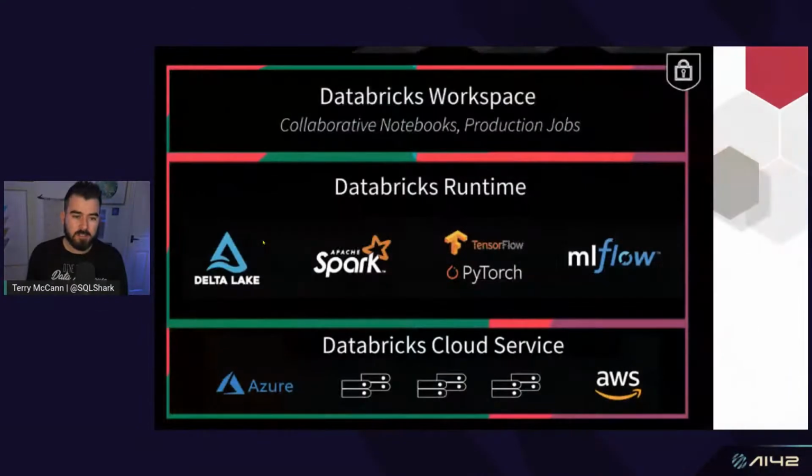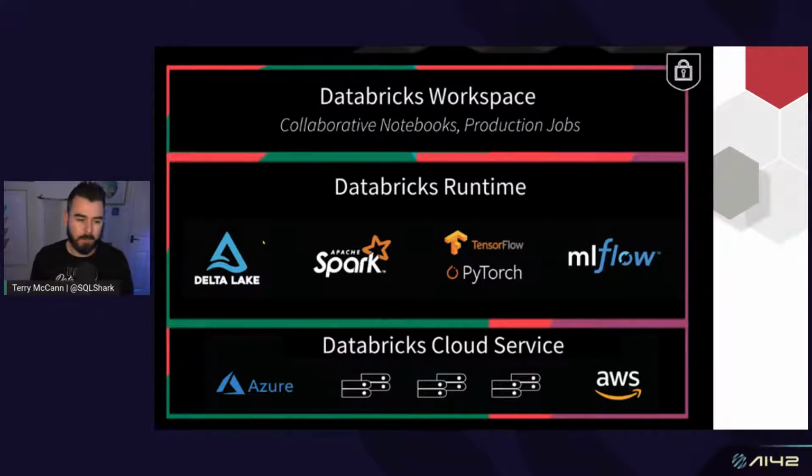So as mentioned, what Databricks gives you on top of the open source way of working is a fantastic workspace that's collaborative, and we'll have a little look at that. It also gives you the Databricks runtime, which is an environment with lots of different ways of working. That might be if you're using Delta, or if you're using Apache Spark.